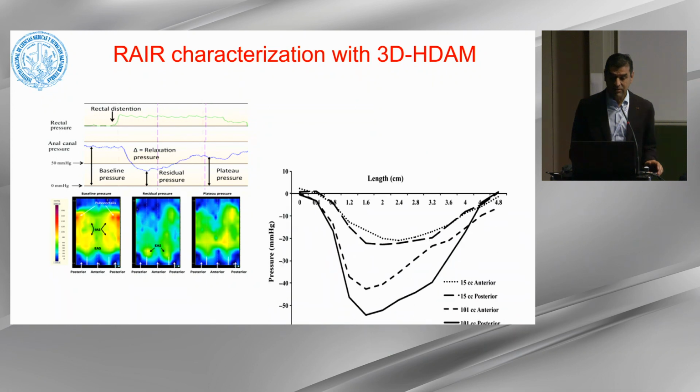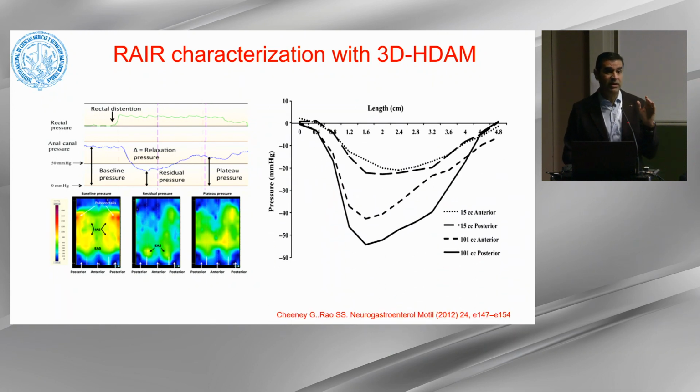So the reason for that is that the morphology of this rectoanal inhibition changed with the volume that is infused in the balloon. So at lower volumes, the anal canal opens differently. So it opens up in the anterior and the posterior very similarly.